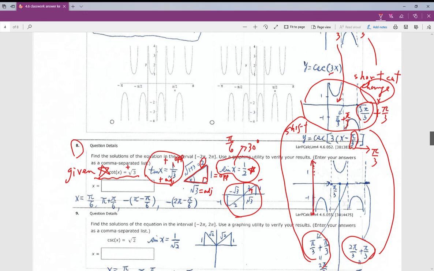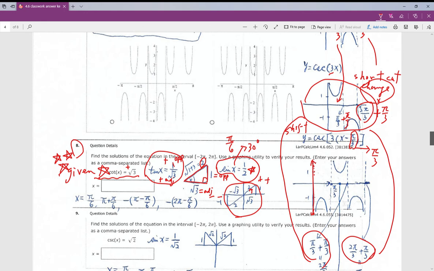So either positive or negative. This is a very important new skill you have to learn here. If they give you sine x, that's one story. But when they give you cotangent is positive, it means opposite and adjacent need to be both positive or both negative.